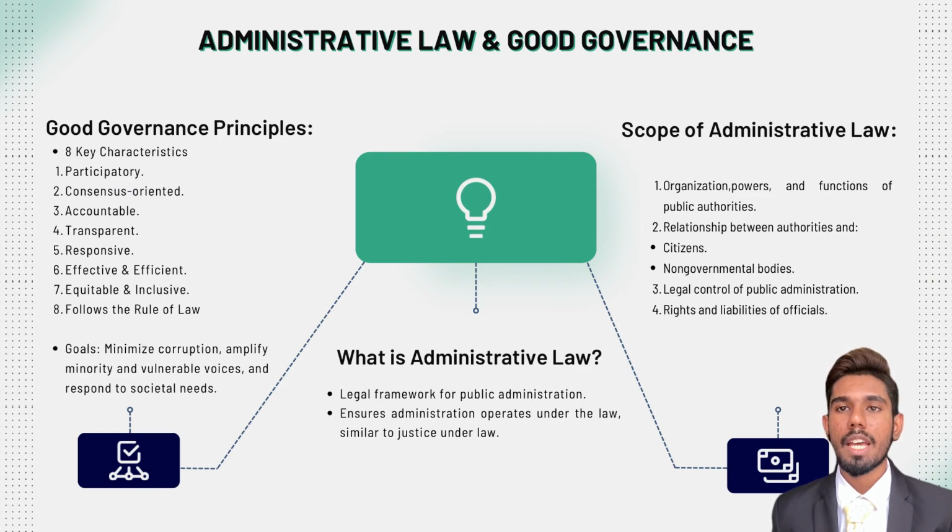Good governance has 8 major characteristics. It is participatory, consensus-oriented, accountable, transparent, responsive, effective and efficient, equitable and inclusive, and follows the rule of law.